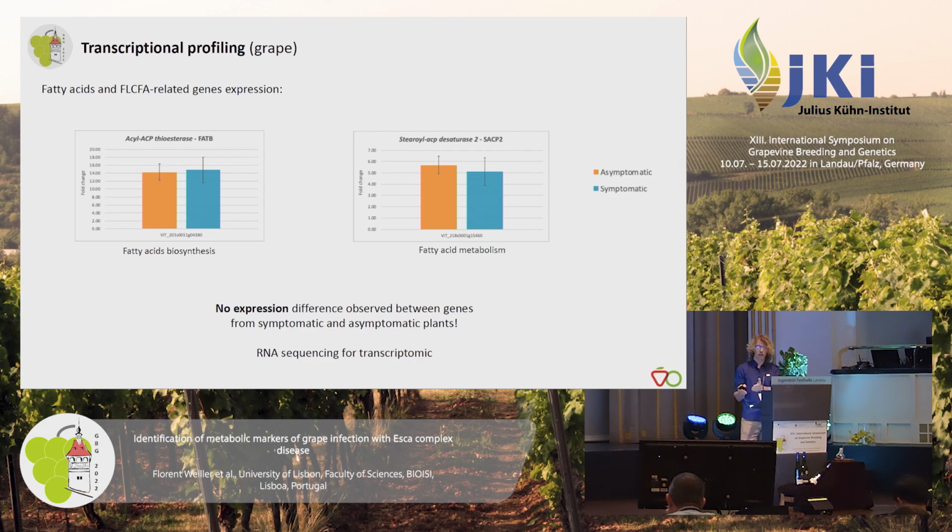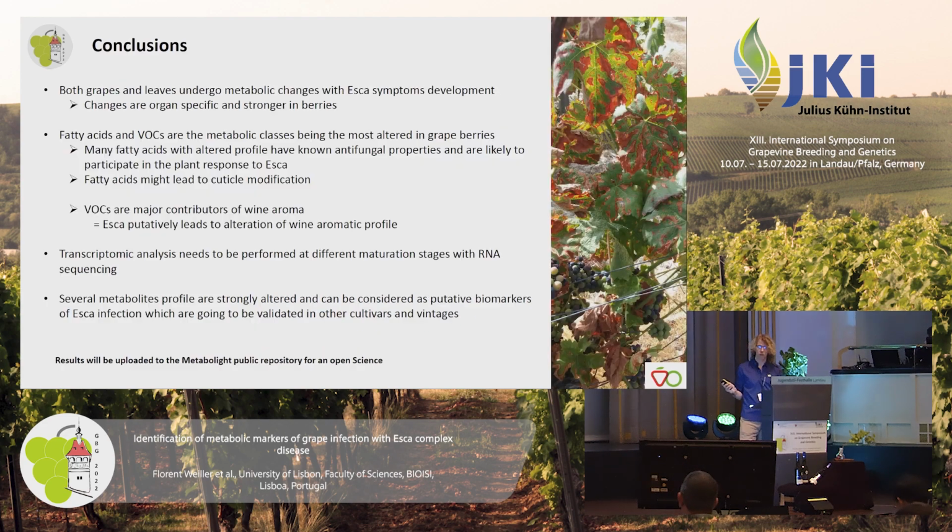As you can see here, in the genes we looked at, except for tocopherol, we didn't observe any expression difference between our two groups, which will push us to do a more comprehensive and in-depth RNA sequencing approach.